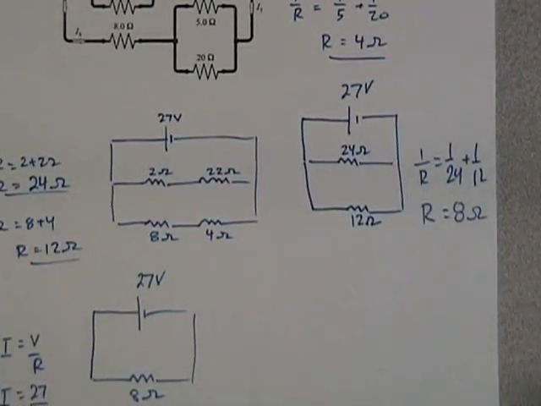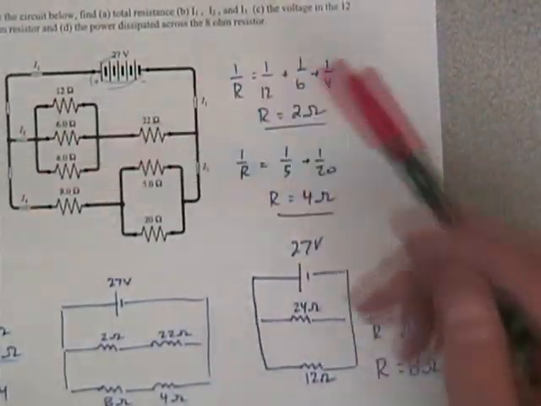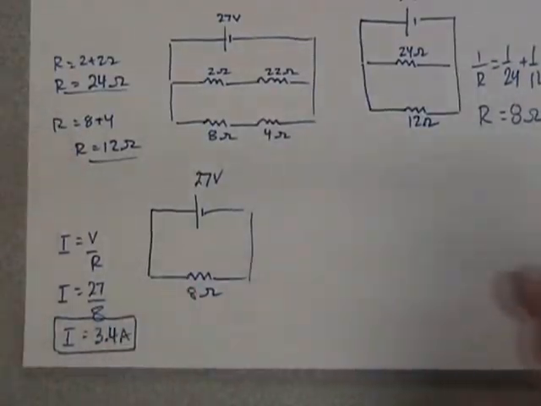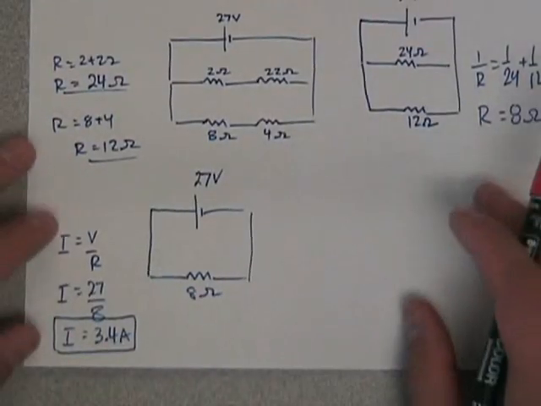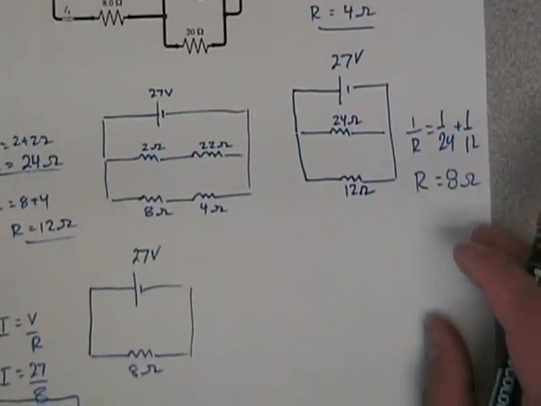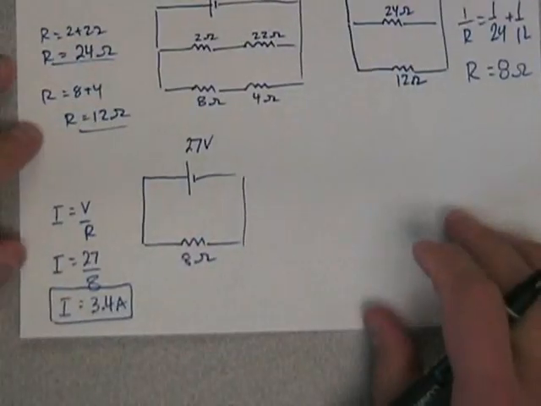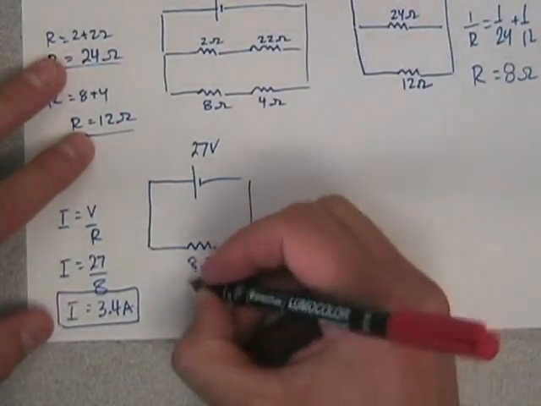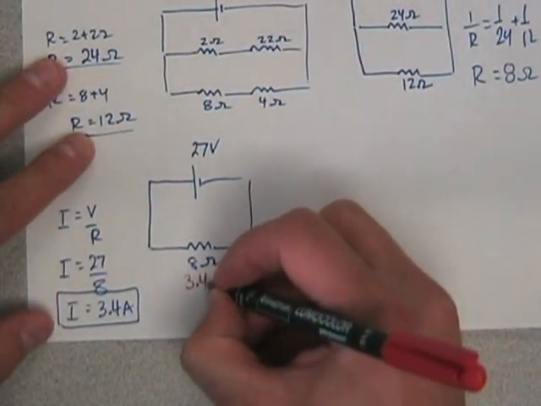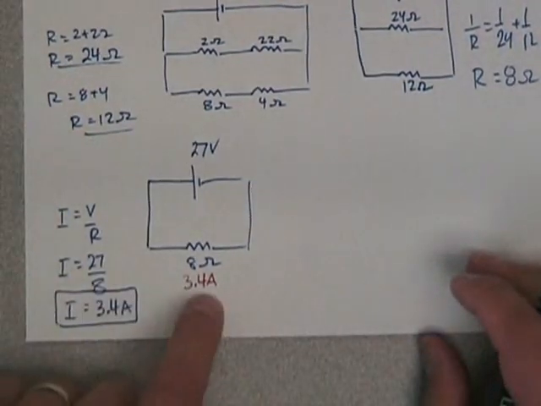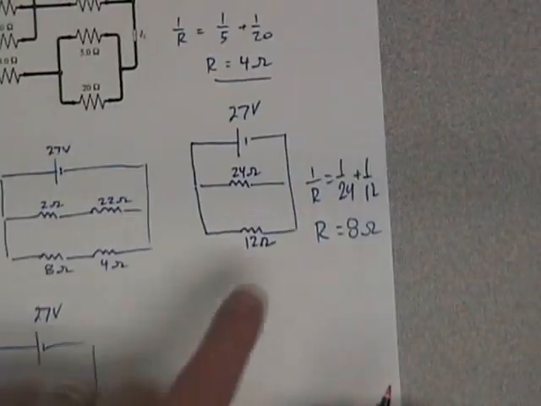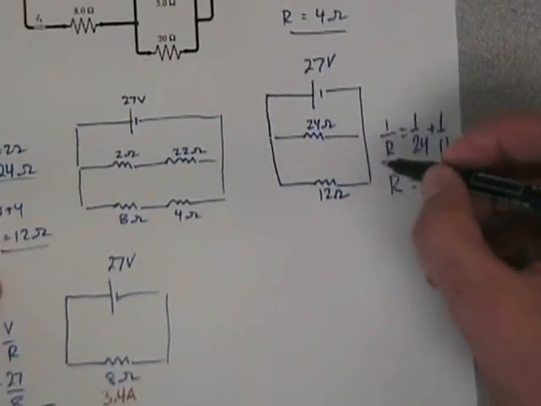I found this I, so I'm going to end up putting my values in, and I'm just going to find them after. I don't really care about I1, I2, and I3 right now. I'm going to do it in red. 3.4 amps is there.